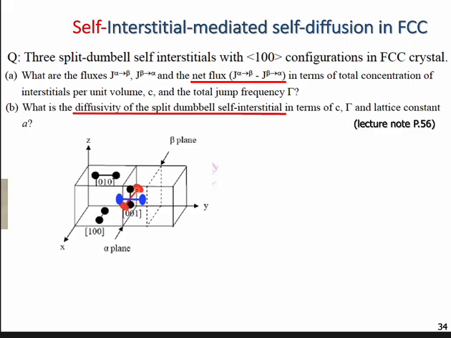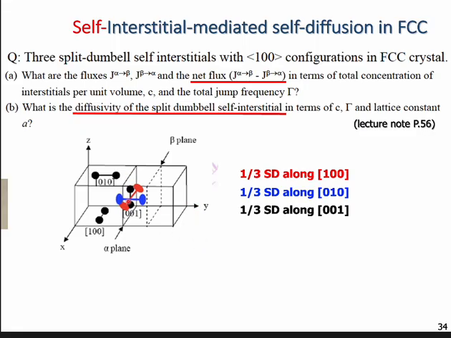It can be 100 along the x-axis, 010 along the y-axis, and 001 along the z-axis. If the question didn't highlight the ratio of the three different configurations of split dumbbell, then that implies the percentages are the same, so it should be 1 out of 3 for each one.